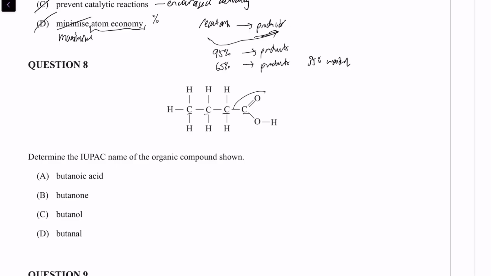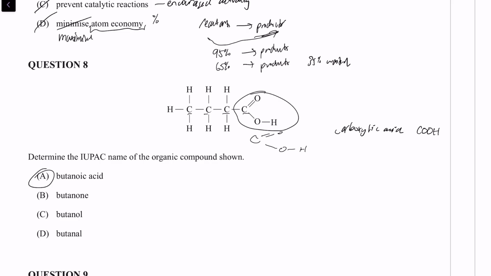But what matters is this key feature, this group here, where we have a C double bond to O and single bond to O. And then with that single bond of C to O, we have H thereafter. And so that shows it's going to be a carboxylic acid, because we have the COOH. All right. And so it's going to be definitely butanoic acid. That was an easy one.